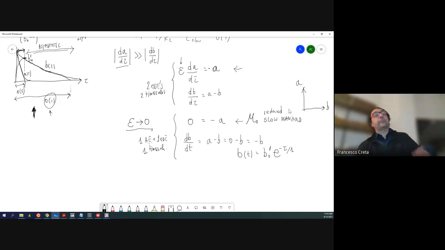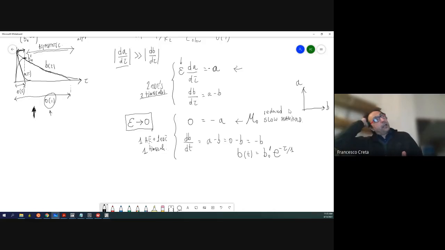So you see what happens by just reducing the system and taking epsilon to 0: we have essentially reduced the system in complexity. We have eliminated one of the 2 timescales, in fact the fast one, and we have reduced also the dimensionality of the system to essentially only one ordinary differential equation plus one algebraic constraint.